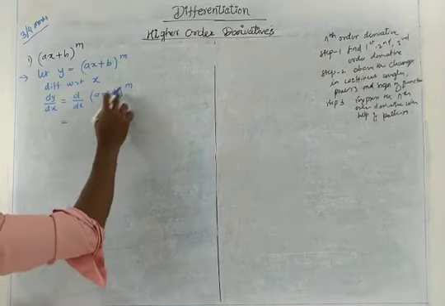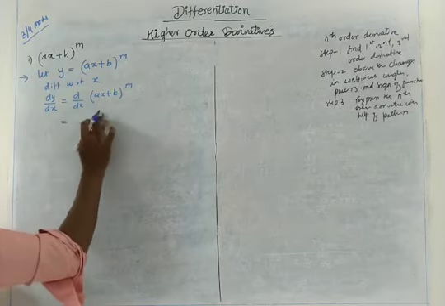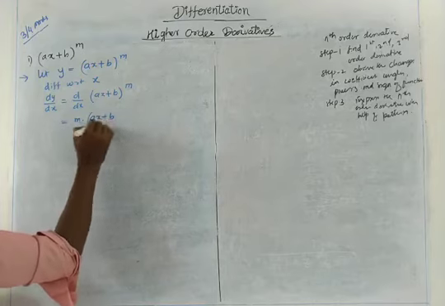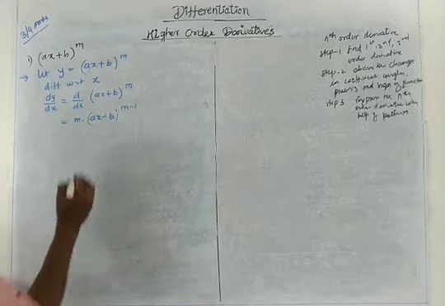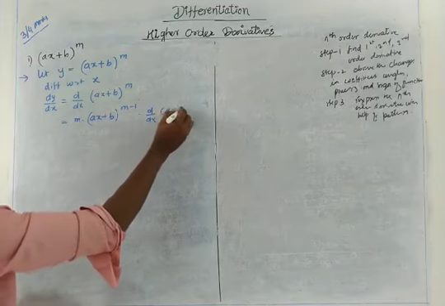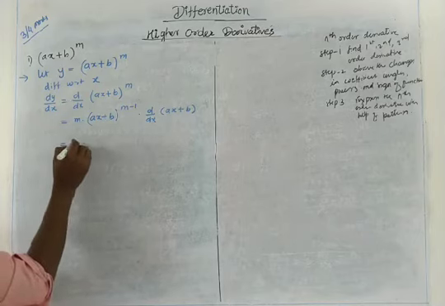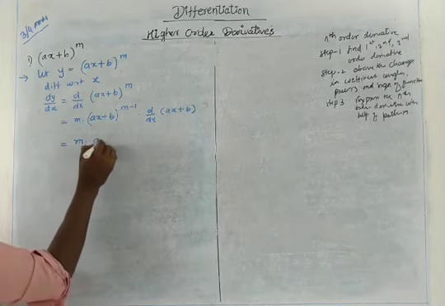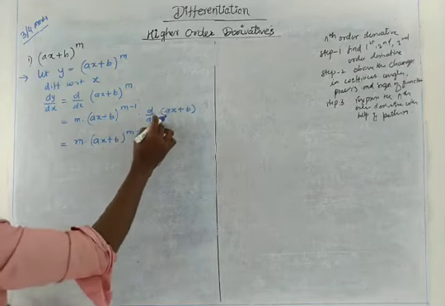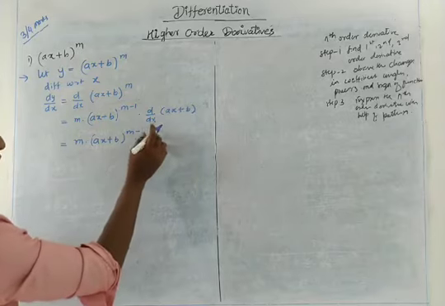Now the power is what? m. So what is the derivative of power m? m into (ax + b) raised to m minus 1, multiplied by the derivative of ax + b. So we will get m into (ax + b) raised to m minus 1 into, derivative of ax is a and derivative of b is constant, that is 0.